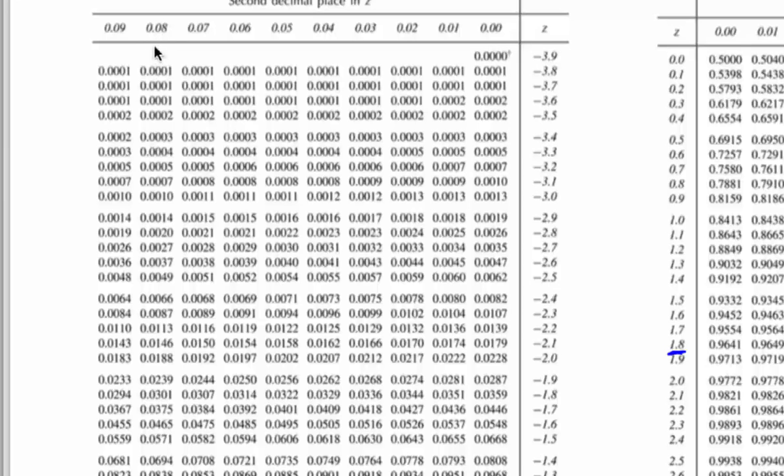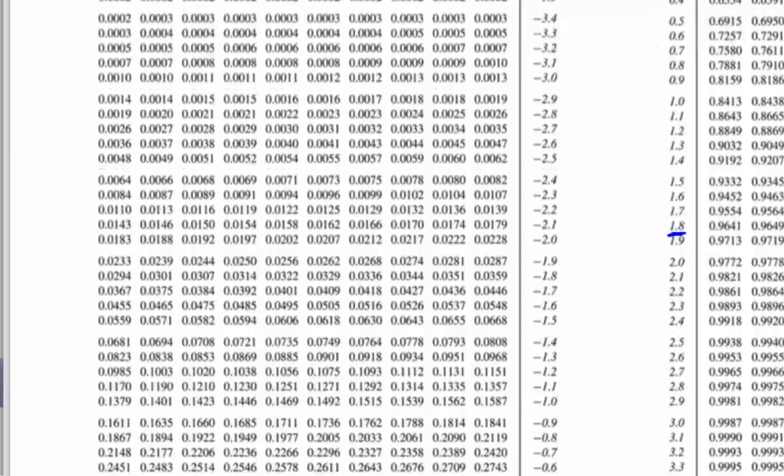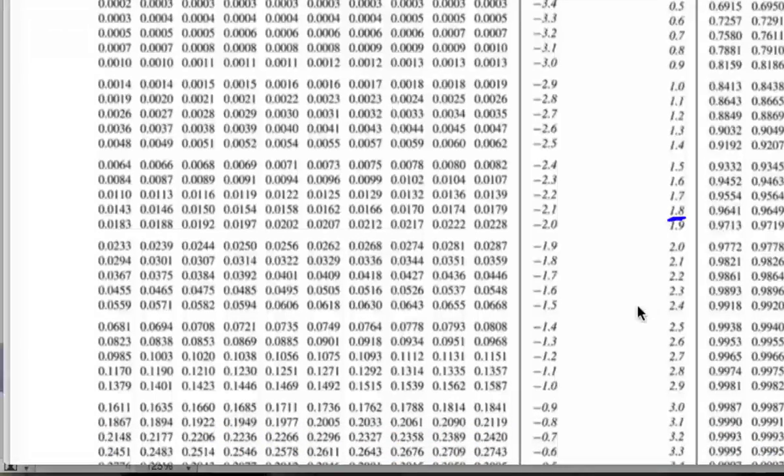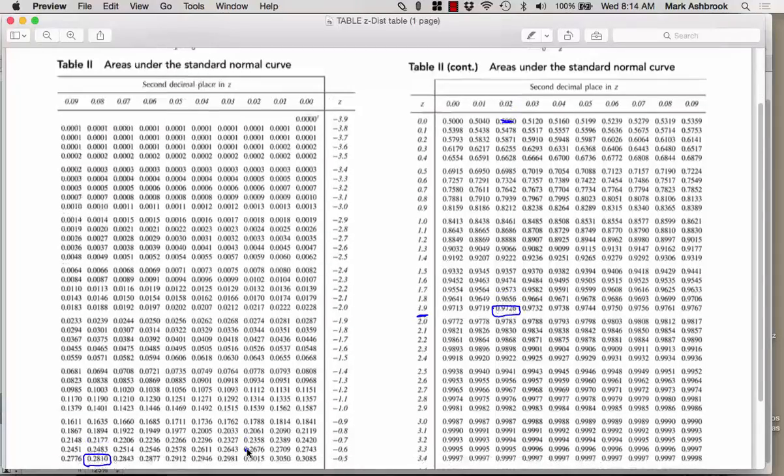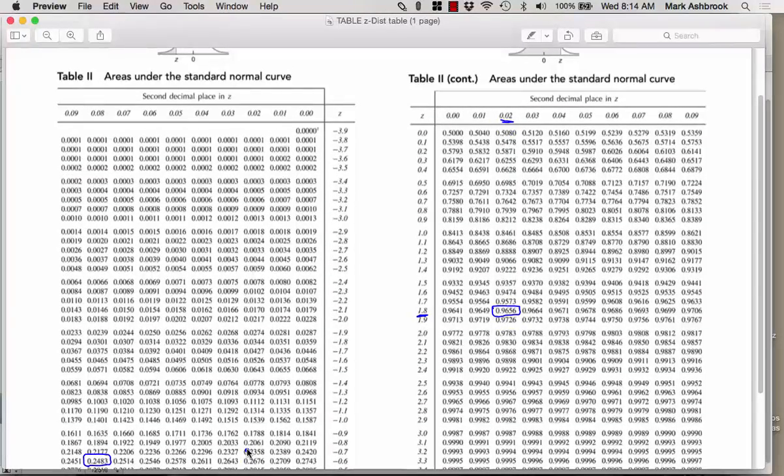We're going to look in this column right here for the 0.08, right? So negative 0.6. Is it this one right here? Okay, so we got 0.2483.